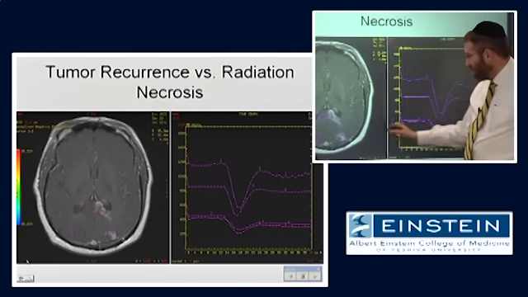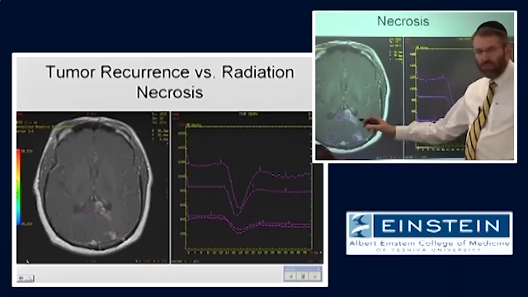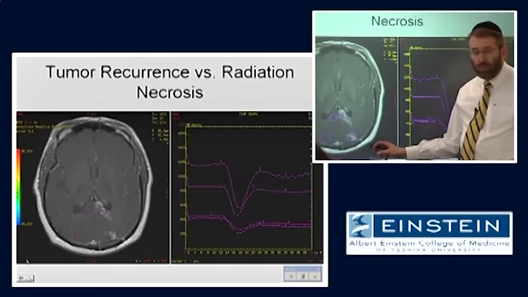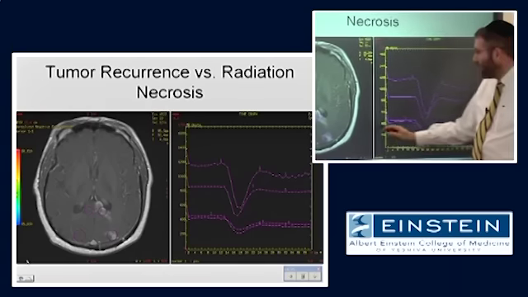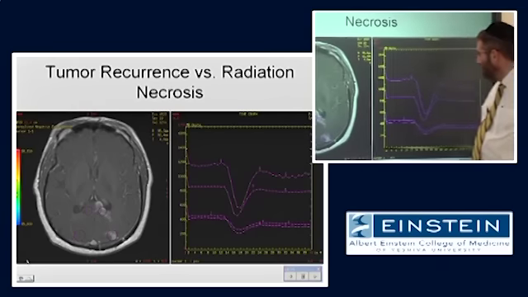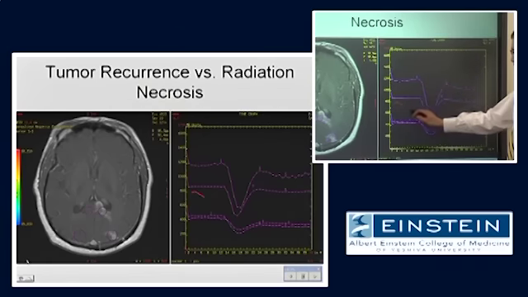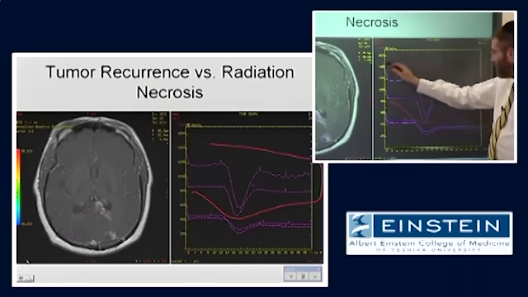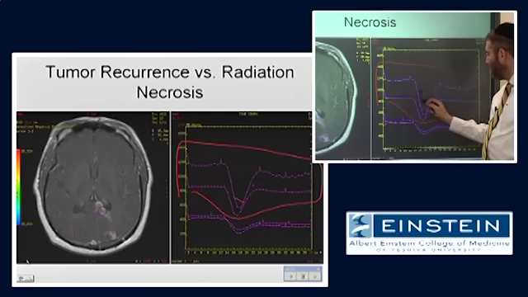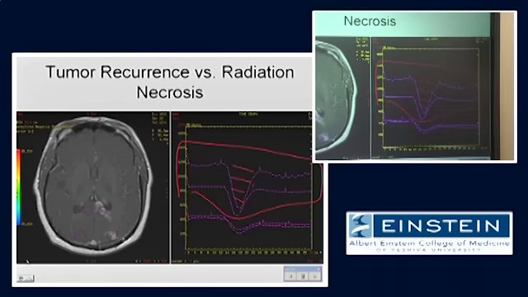This is a patient that has a known tissue diagnosis of an astrocytoma that was treated with radiotherapy. When we compare the two sides, right, number 3 and number 5 up here are the normal side of the brain with much larger cerebral blood volume than the area of contrast enhancement on the abnormal side.